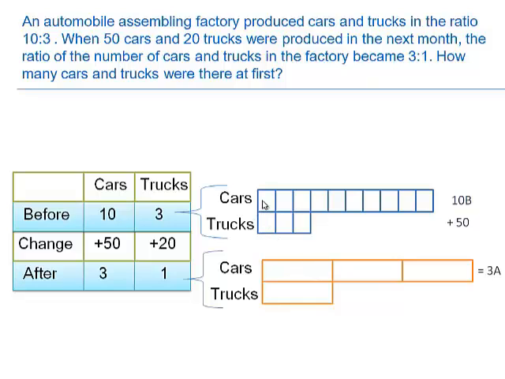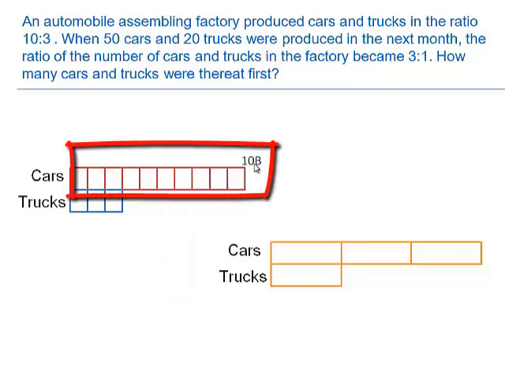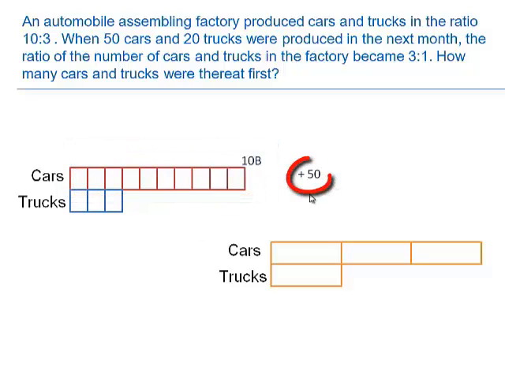How do we compare them? 10 before units plus 50 cars. When you add 50 cars, it becomes 3 of the after units. This is how we equate them. So initially we have 10 before units plus 50, that gives us 3 after units.